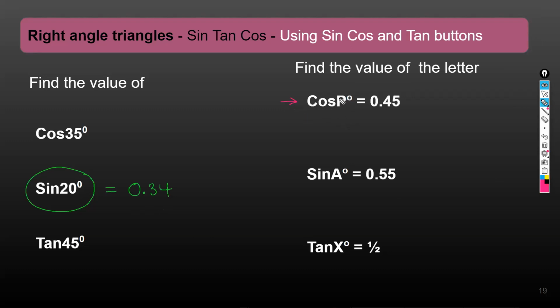Remember, if you're trying to find angle P, you throw across the cosine, and the inverse of cosine is cos inverse. So find cos inverse 0.45 and make sure you're seeing 63.26 degrees. If you're not seeing that, you need to sort out your calculator.